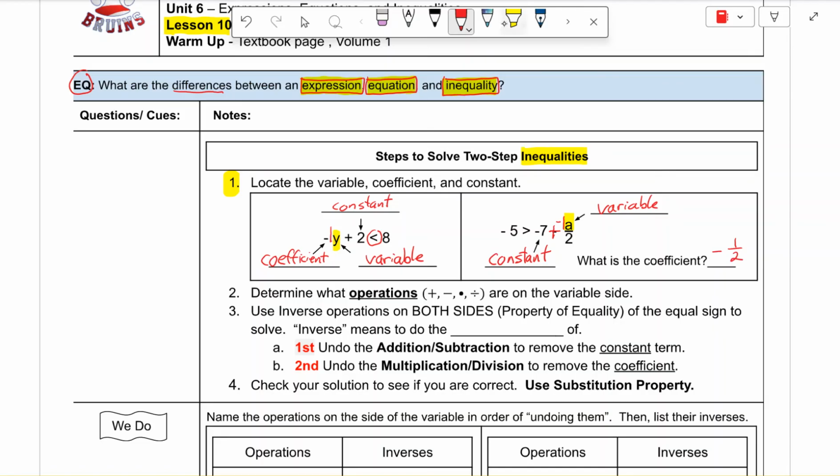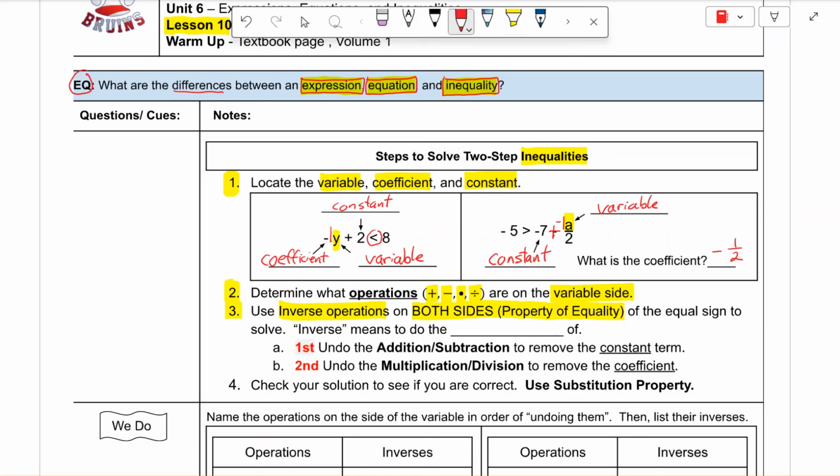Okay, the next step after you've located the variable, the coefficient, and the constant, you go on to number 2. You determine what operations, is it adding, subtracting, multiplying, or dividing, are on the variable side. So that's the side you work on. And then number 3, use inverse operations on both sides, which is called the property of equality of the equal sign.